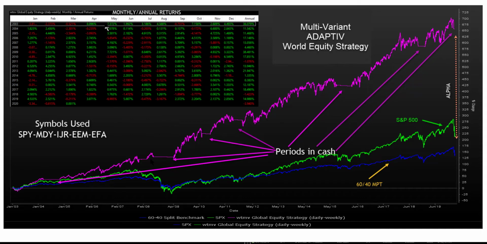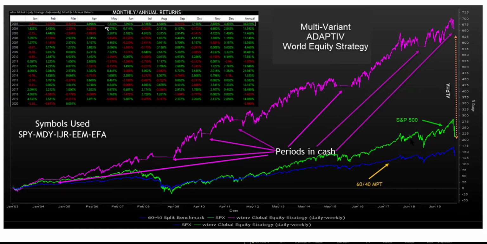We went flat and we stayed flat all the way into March of '09. And you can see the stair-stepping pattern. This is exactly what we've discussed for many years, calling this advance and protect. This is the true advance and protect strategy. There's a lot of folks out there utilizing that term, but they have no clue what they're doing or how to do it. This is a perfect illustration of how this works.